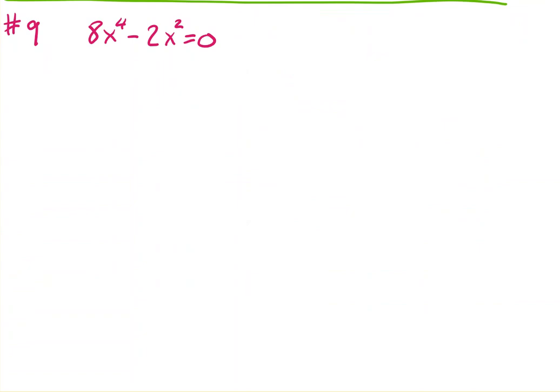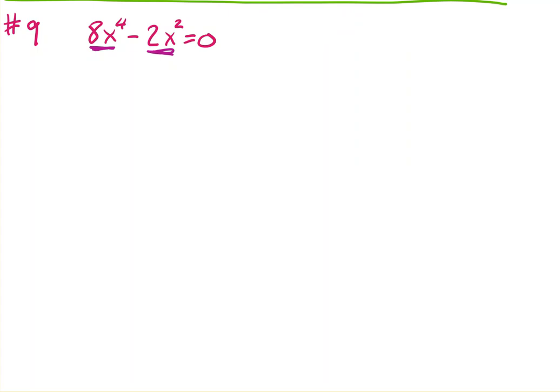Okay, this last one, I'm going to have to look at it closely. Go ahead and pause and see if you can figure out what to do with it. All right, let's see. This is one of those equations where you have something being squared and something else being squared. Notice we could say C is not there and there's only a B there. We could say that B is equal to 0 and the C is the negative 2x squared.